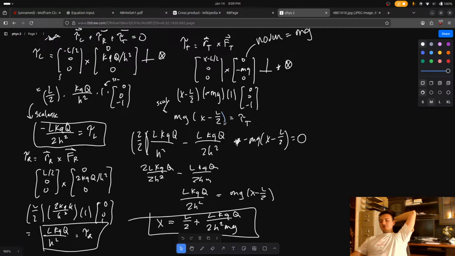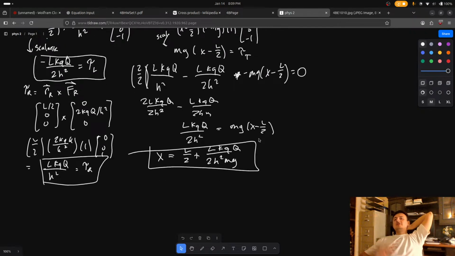I'll probably try to do that one more time tonight, but I think the only real hiccup I have is, conceptually it all makes sense. R cross F. I think maybe I could be more explicit about the definition of the R cross F thing.